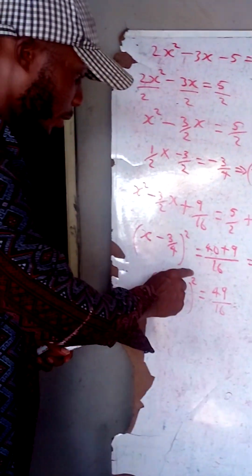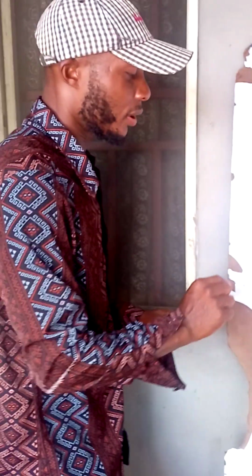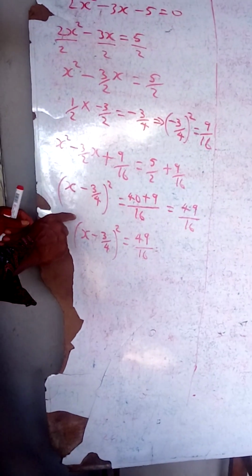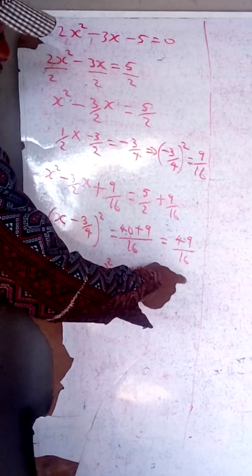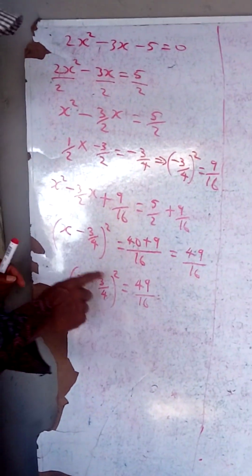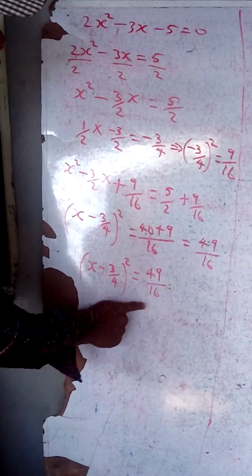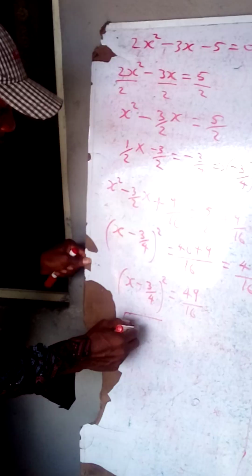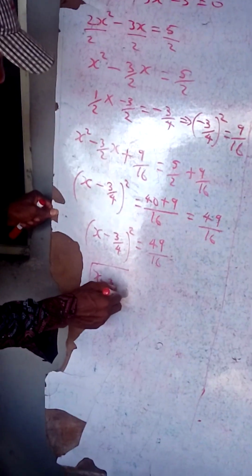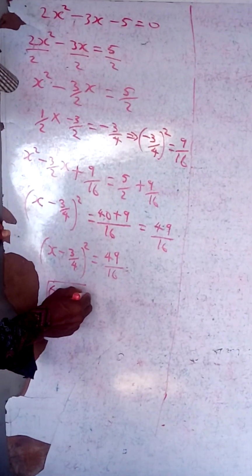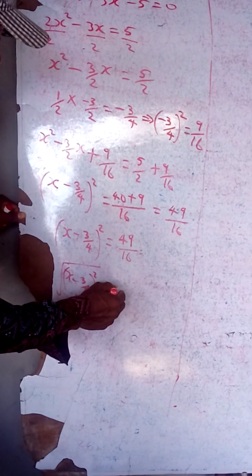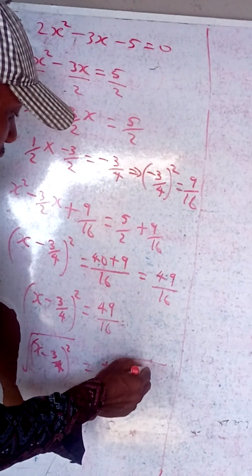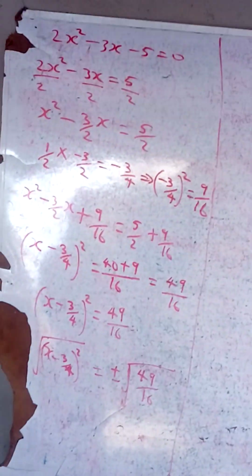I told you that at this point, what you do is either you say taking square root of both sides, or you just take this square over this other side and it will turn to square root. So if you take square root of both sides, that is x minus 3 over 4 is equal to plus minus square root of what? 49 over 16.